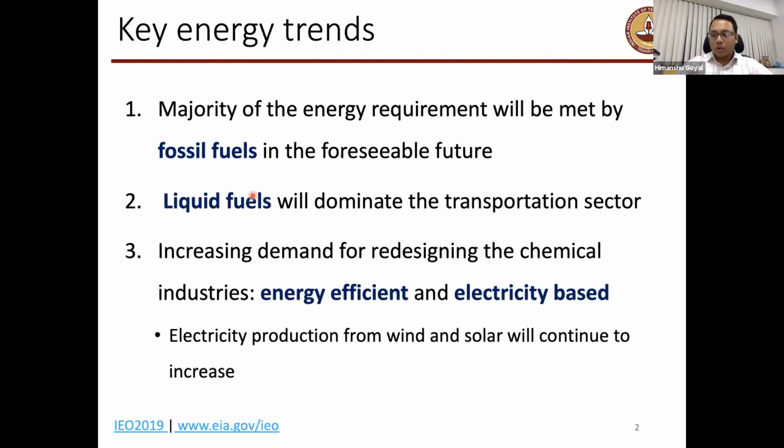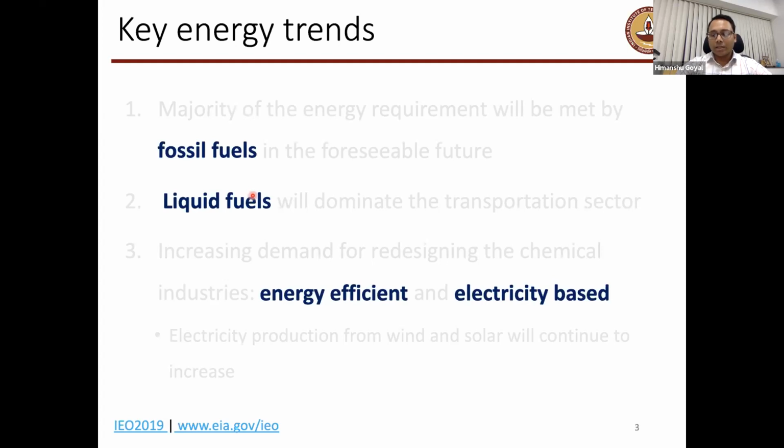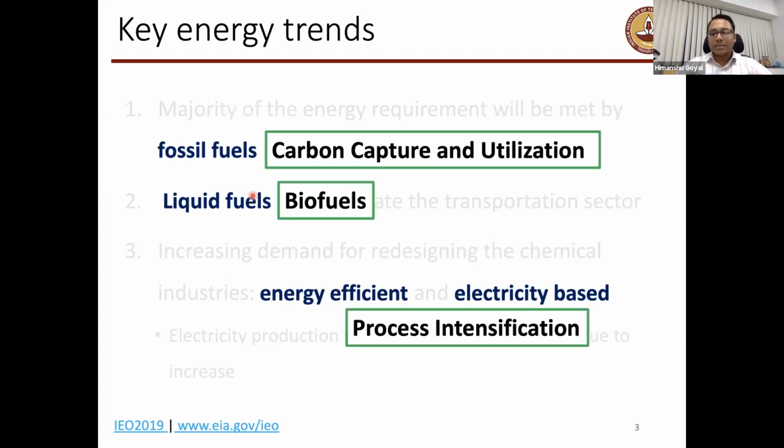And in my group, we work towards meeting some of these challenges, specifically under three major application umbrellas. If we are going to use fossil fuel in the next few decades, one way of using them is to capture the CO2 which is released while utilizing them, and either store it somewhere or convert it into something useful.